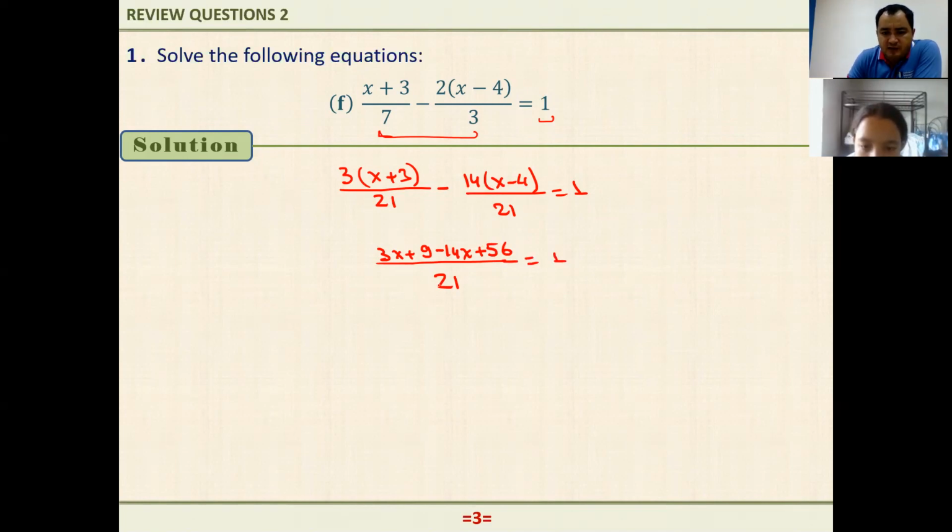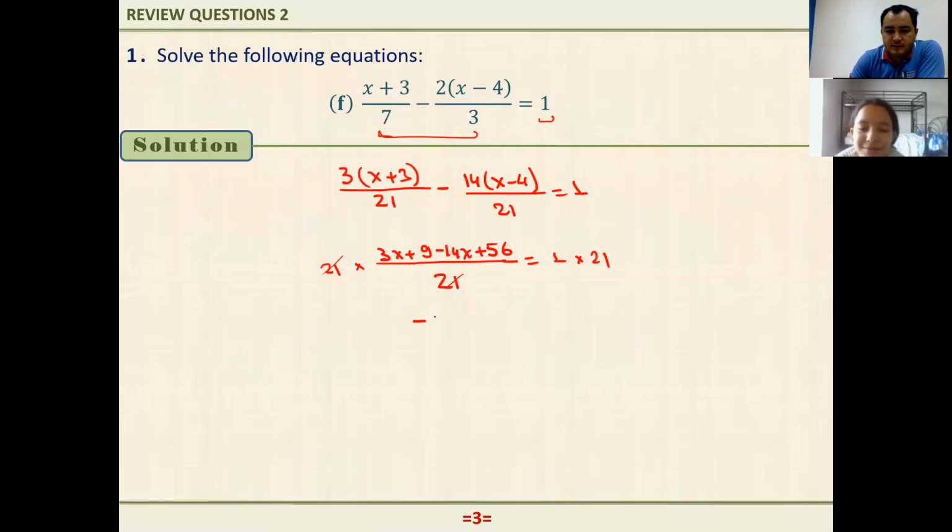Now, I should eliminate the denominator. Multiply both sides by 21, and also the right-hand side. At the same time, these 2 things are gone. 3x minus 14x, that is negative 11x. 3 minus 14.